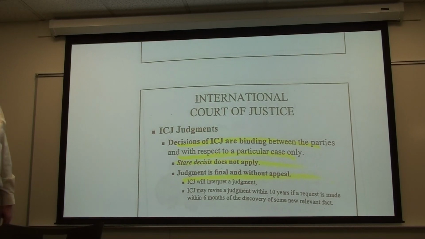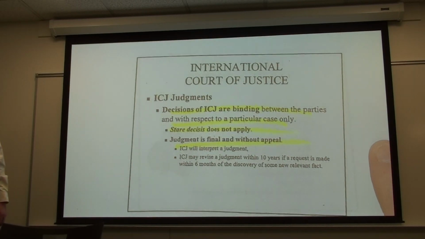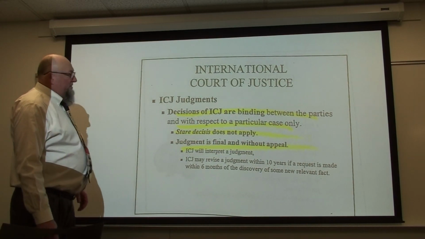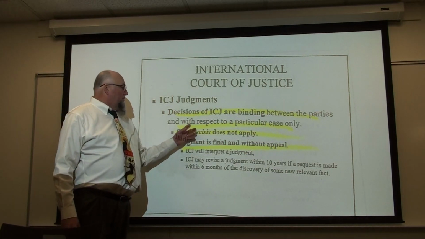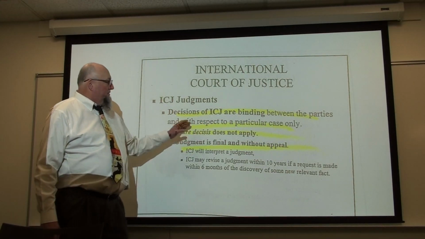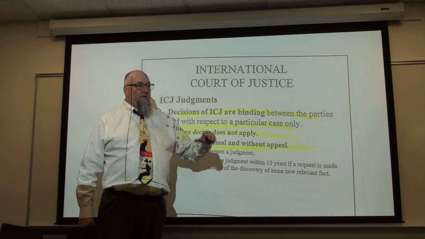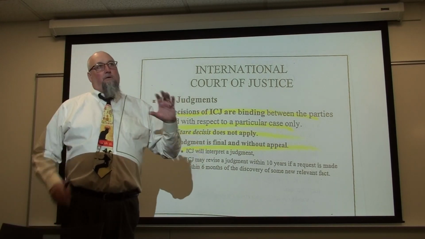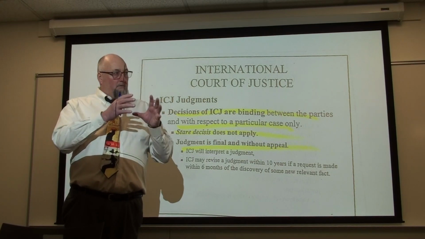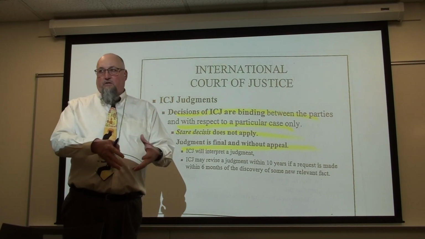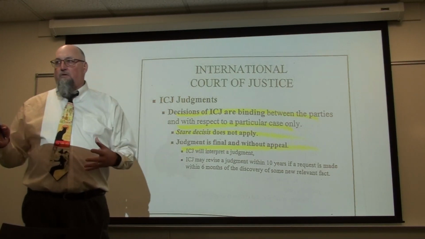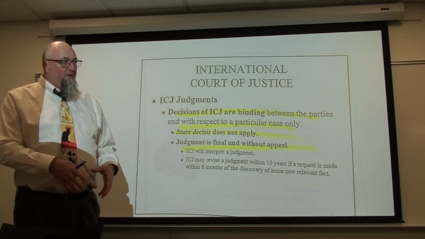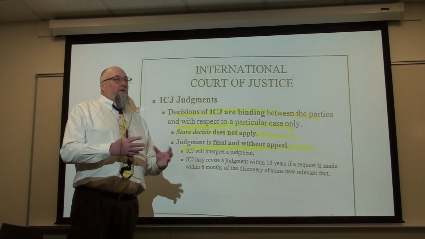And then the next slide down. Decisions of the International Court of Justice are binding between the parties with respect to a particular case only, meaning that the court decision only is applicable to the actual parties in the dispute, not to other countries that are not part of the dispute. There are reasons for that.